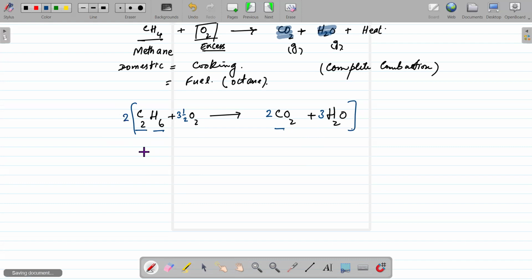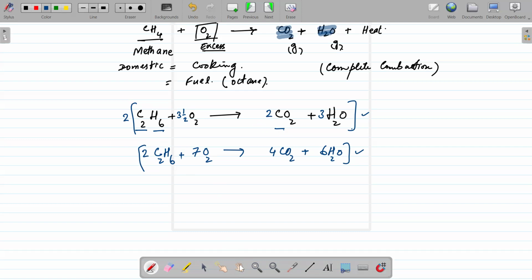So it will give us 2C2H6, 7O2, 4CO2, and 6H2O. So both equations are acceptable, either in fractions, 3.5, or in whole numbers, because the molar ratio is the same.